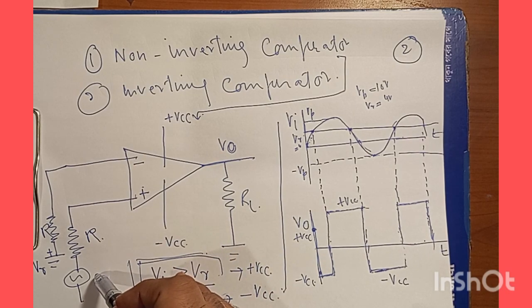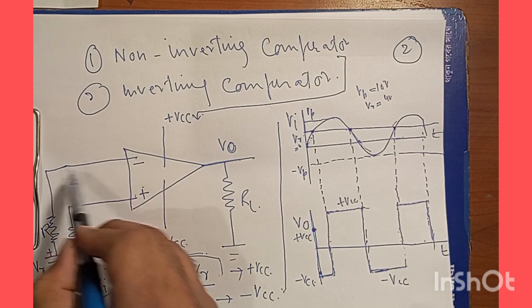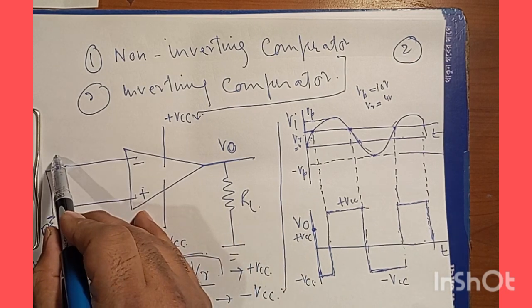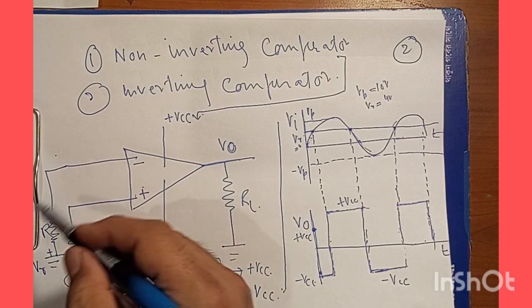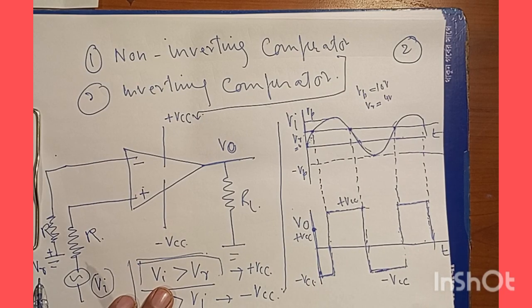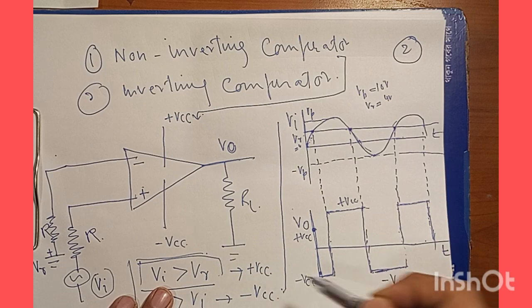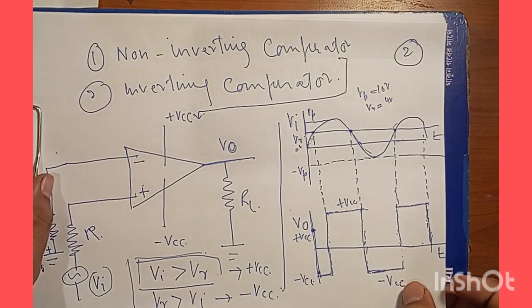Now we will try the same thing for VI at the inverting terminal, and VR at the non-inverting terminal. And when we analyze, we will have the symmetry of the output will be the same, but certainly there will be a difference in the directions of plus VCC and minus VCC.